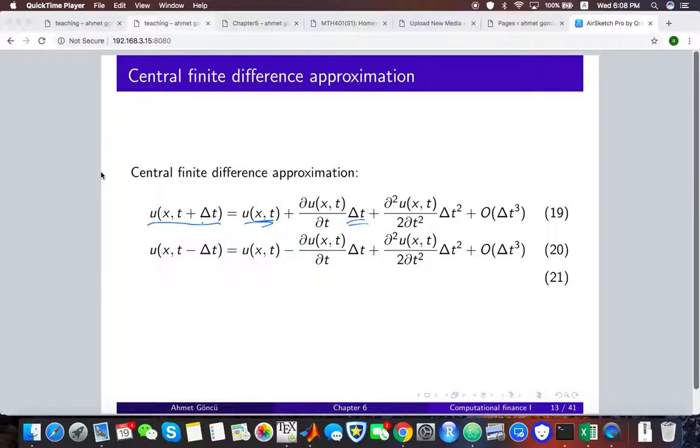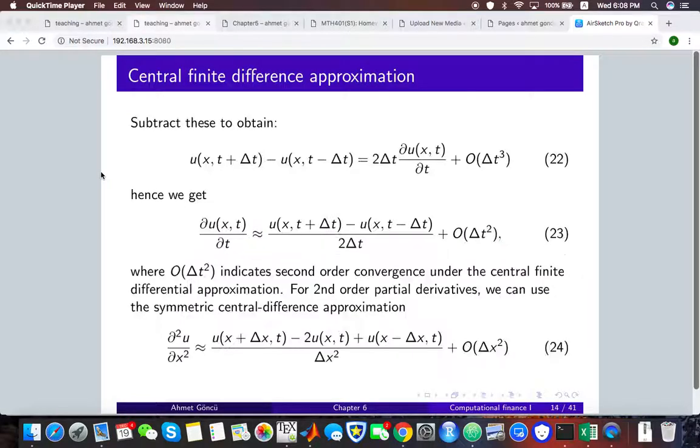And we have a minus sign for the backward time step. So you can see you have the second order derivative terms. We also write them down to see that we will get a higher convergence rate in this case. And the remainder here is in the order of delta t cubed.